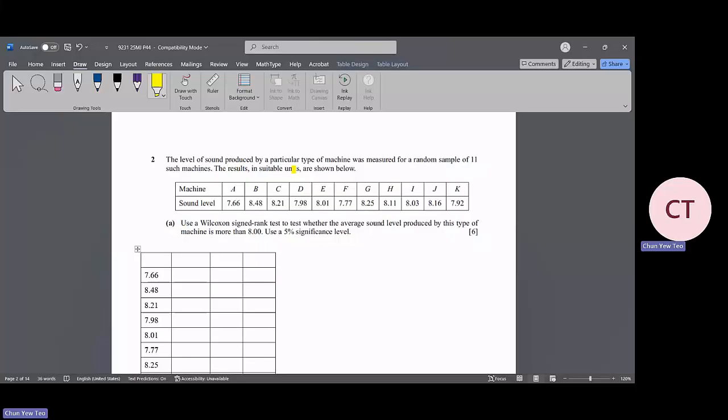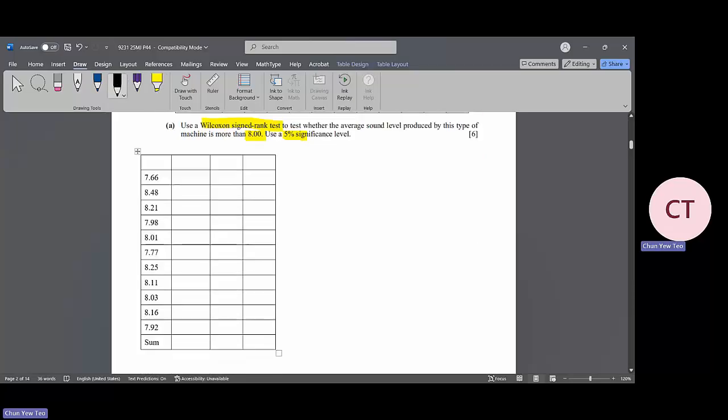The sound produced by a particular type of machine was measured for a random sample of 11 such machines. The results in suitable units are shown below. So these are the data that are given over here. Use a Wilcoxon signed-rank test to test whether the average sound level produced by this type of machine is more than 8.0. Use a 5% significance level. Okay. So first of all, we can just write down the null hypothesis and the alternative hypothesis.